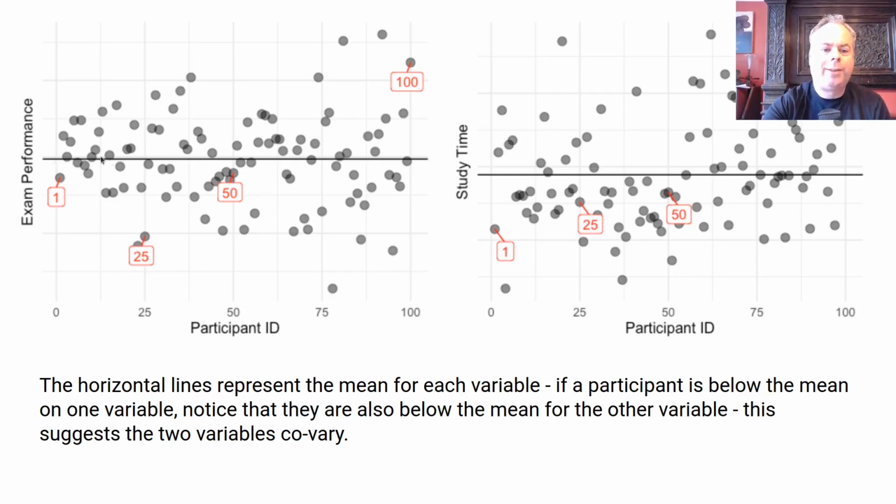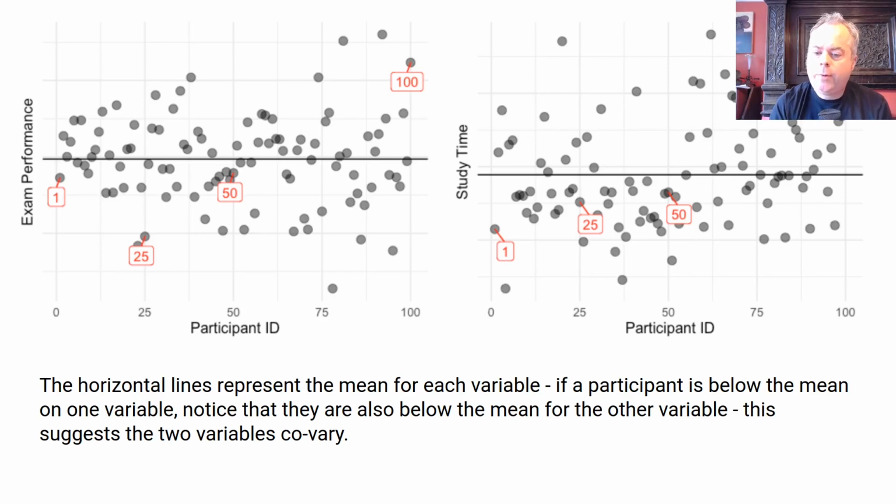The horizontal lines correspond to the means, i.e. the averages of the two data sets. This horizontal line here corresponds to the average of the exam performance variable. This horizontal line over here corresponds to the average of the study time variable. And I've highlighted four participants, participants 1, 25, 50, and 100.